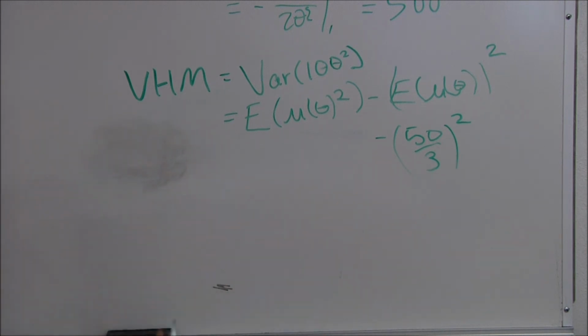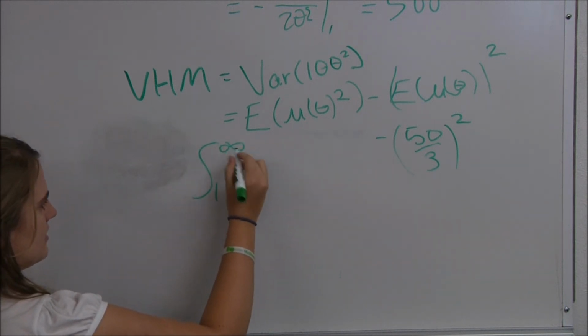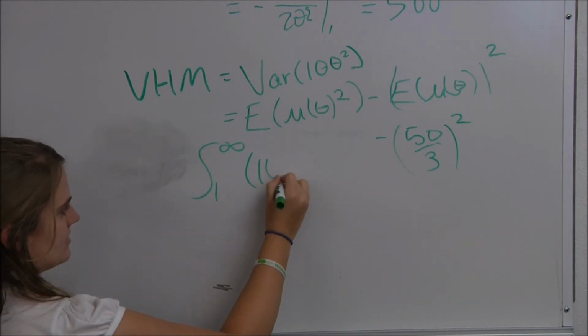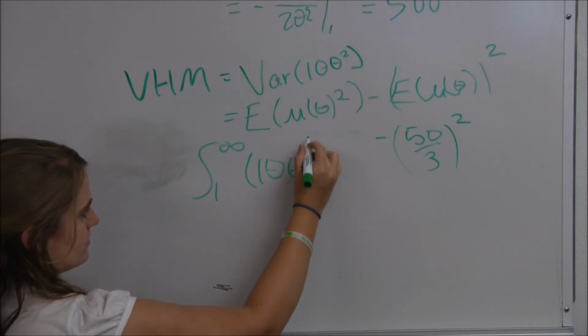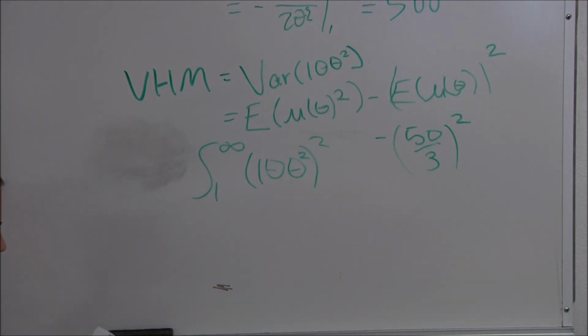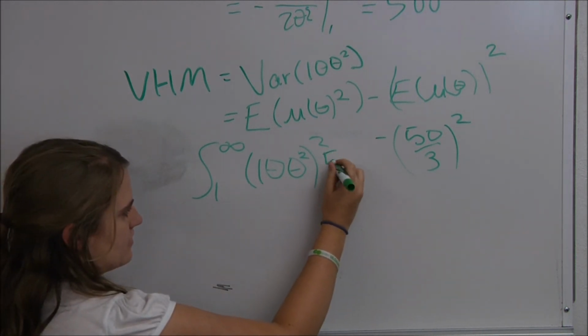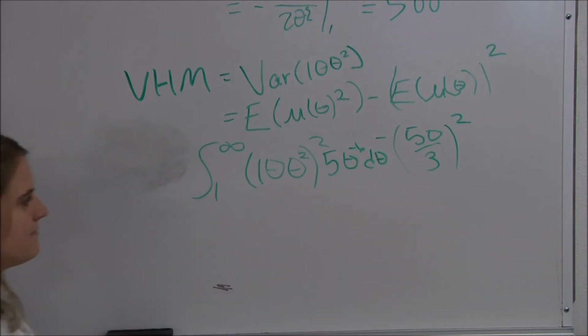For this one, we're going to calculate the second moment. And to do that, we're going to take the integral of what we want. We're going to square it. And then we're going to multiply by our prior distribution, 5 theta to the -6. Okay.